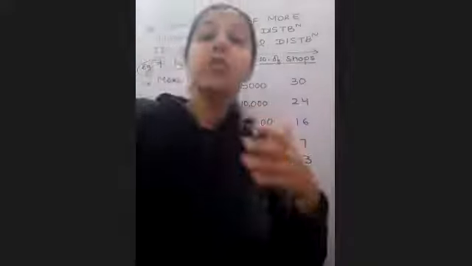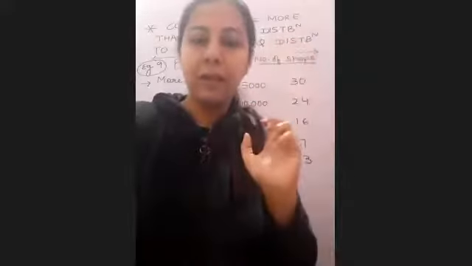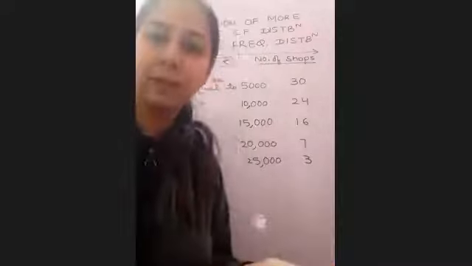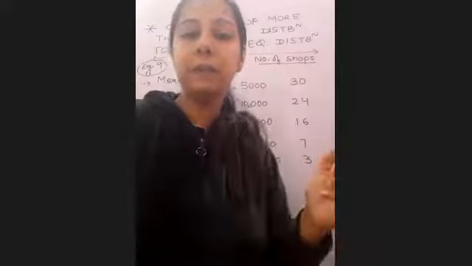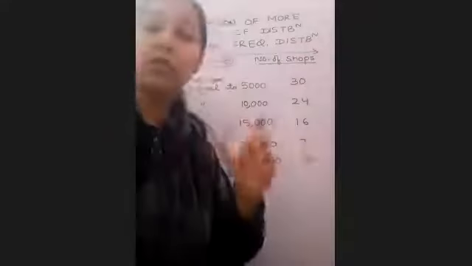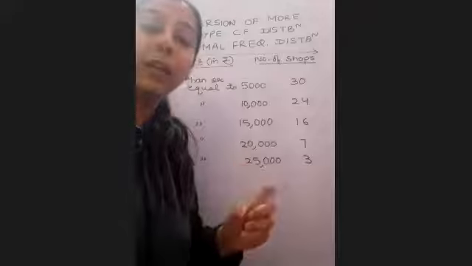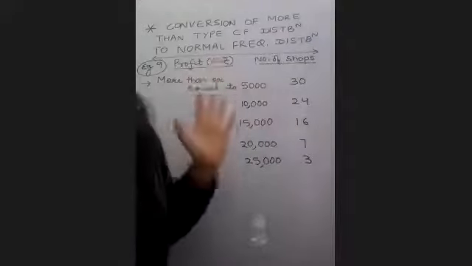When I said whose shop's profit is more than 5,000, all 30 shopkeepers raised hand. But when I asked how many of you are earning more than or equal to 10,000 as a profit, only 24 hands are up. So how many hands are going to be down? 6. So those 6 shopkeepers are getting a profit ranging between 5,000 and 10,000.